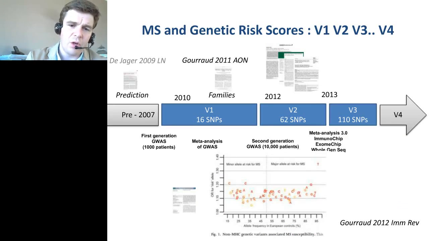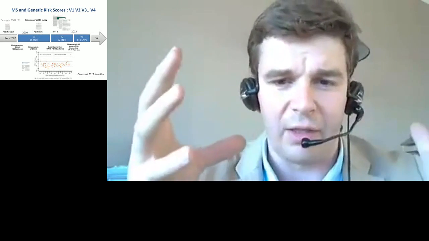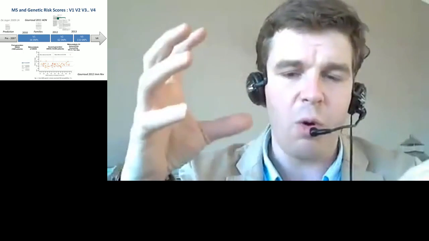But if you think that the knowledge is increasing quantitatively, because usually people would say, hey, this is great, you had 17, then you had 62, and then you had 110. You guys are fantastic, the knowledge is really growing from one version to the next.